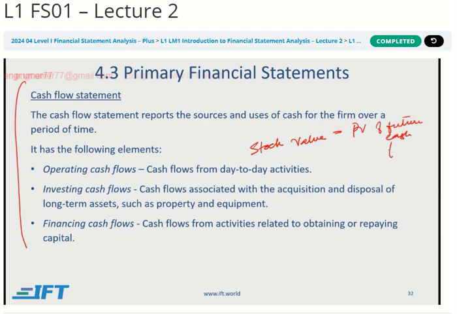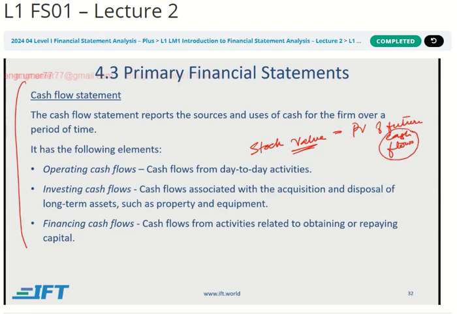And therefore, as an analyst, the balance sheet is important for you, the income statement is very important for you as well, but at the end of the day, it all comes down to the cash flow statement, because our valuation is based not on the balance sheet, not on the income statement or future earnings. It is based on future cash flows.